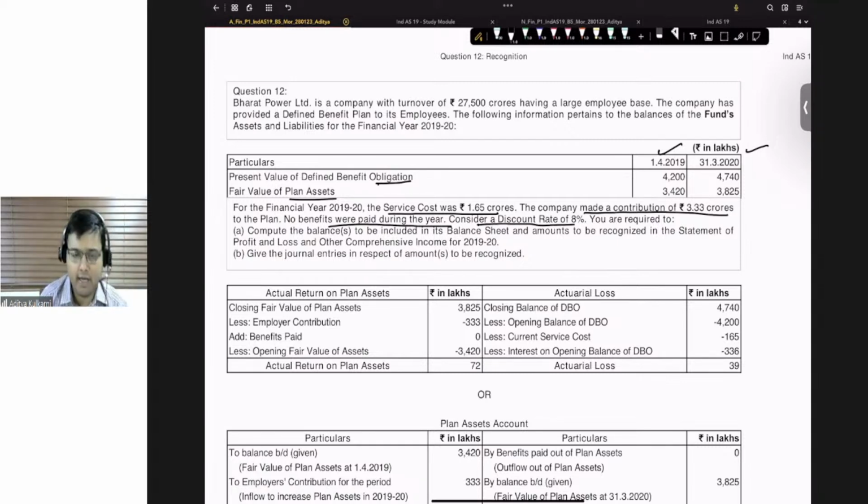You are required to compute the balances to be included in the balance sheet, amounts to be recognized in the statement of P&L, and other comprehensive income for 2019-20. Also give the journal entries in respect of amounts to be recognized. Just go through this question quickly, 2 minutes.